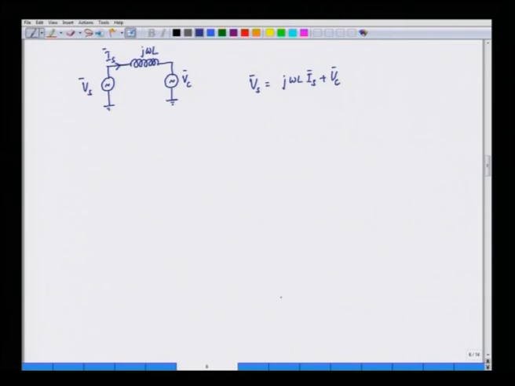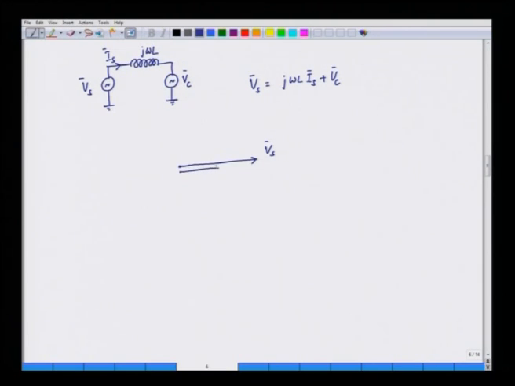So, we can also represent this by means of a phasor diagram. We can start with the converter voltage here, or we can start with the source voltage, that is Vs, and our objective is that the source voltage and the source current should be in phase.